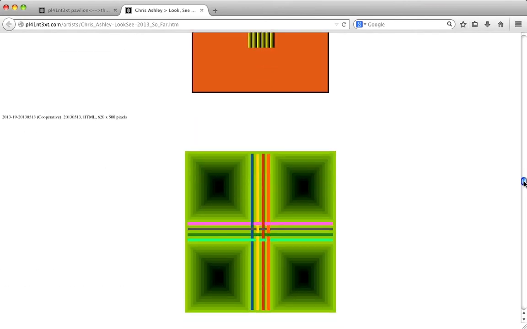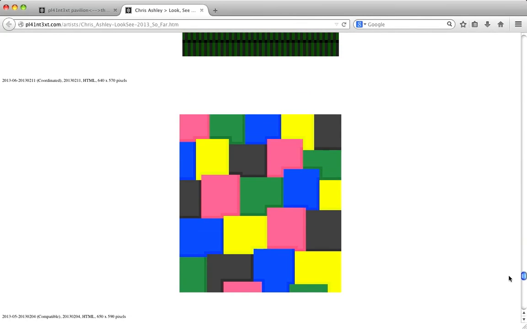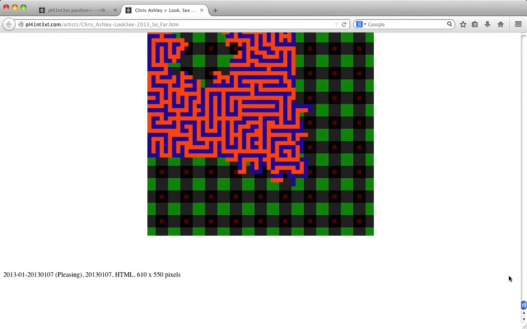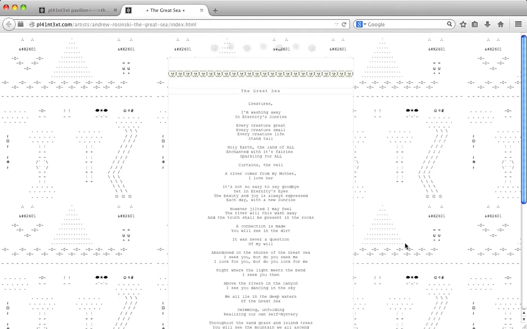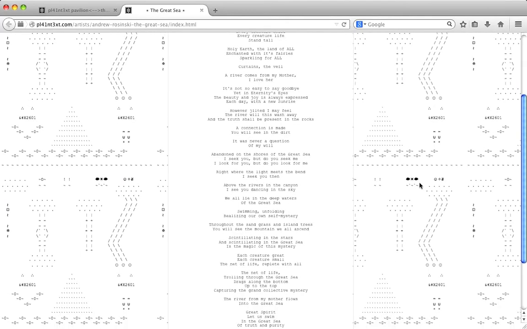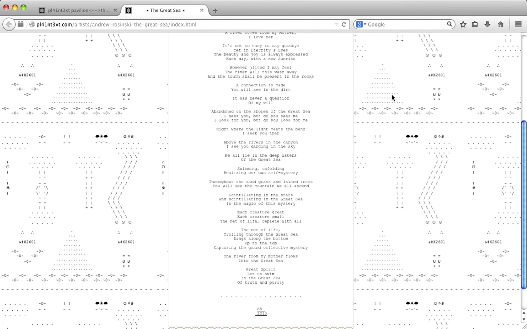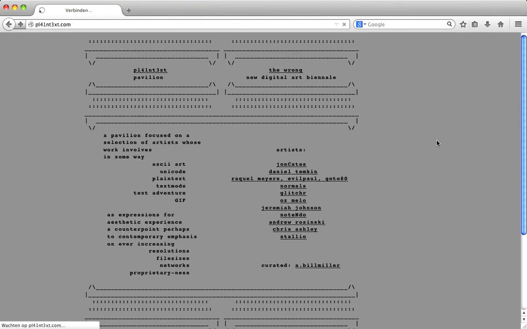The ones that I'm looking at, interested in, or learning from are the things that I want to share with other people or talk about. So doing something like this Plain Text Pavilion is kind of an excuse to get people to share really awesome things with me, and then to share those things with everybody else, or the rest of the world, or whoever wants to look at it.